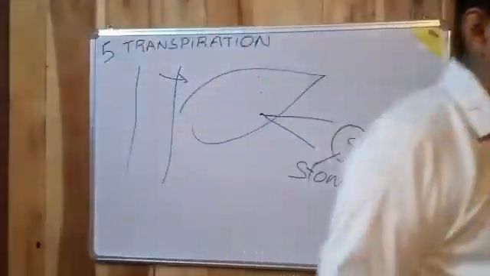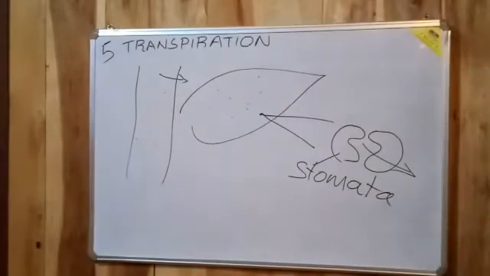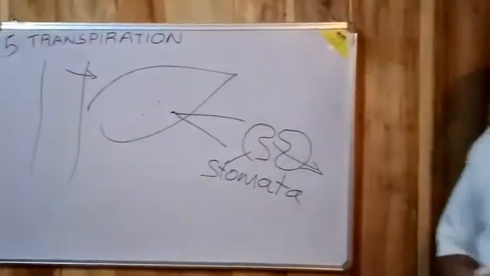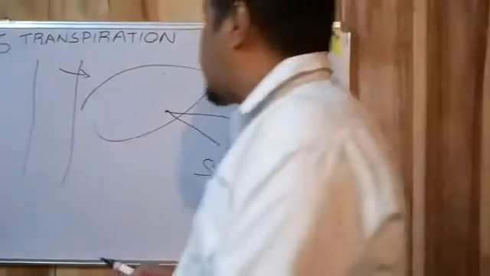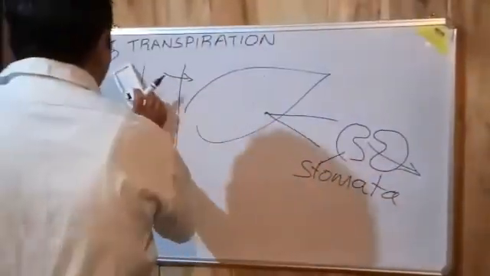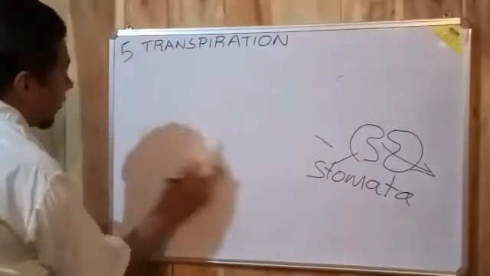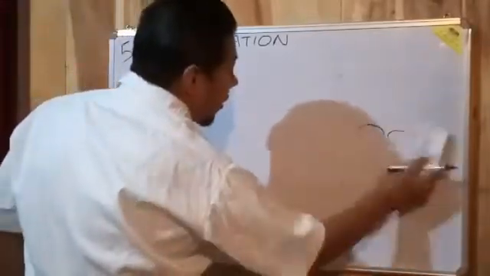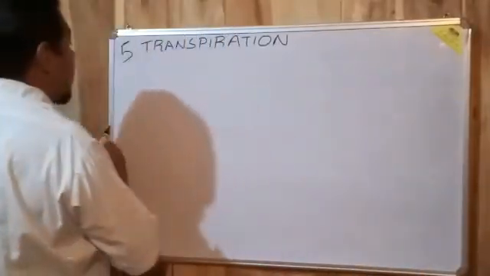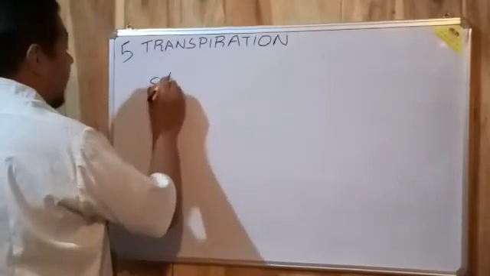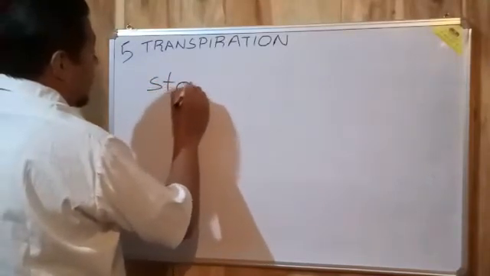So when we are talking about the different types of transpiration, there are 3 types. First one, the loss of water was from stomata, so it is known as stomatal transpiration.